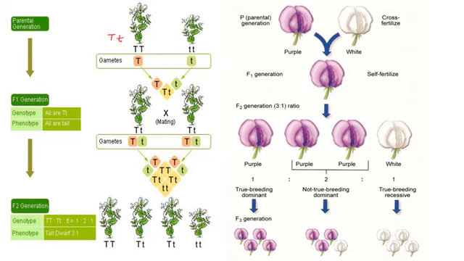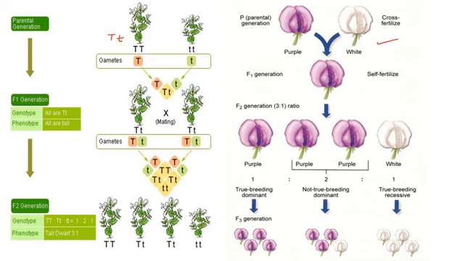So capital T and small t are one set of contrasting characters. In the other picture we have taken purple and white flowers. Purple is dominant and white is recessive. So this is one set of contrasting characters.